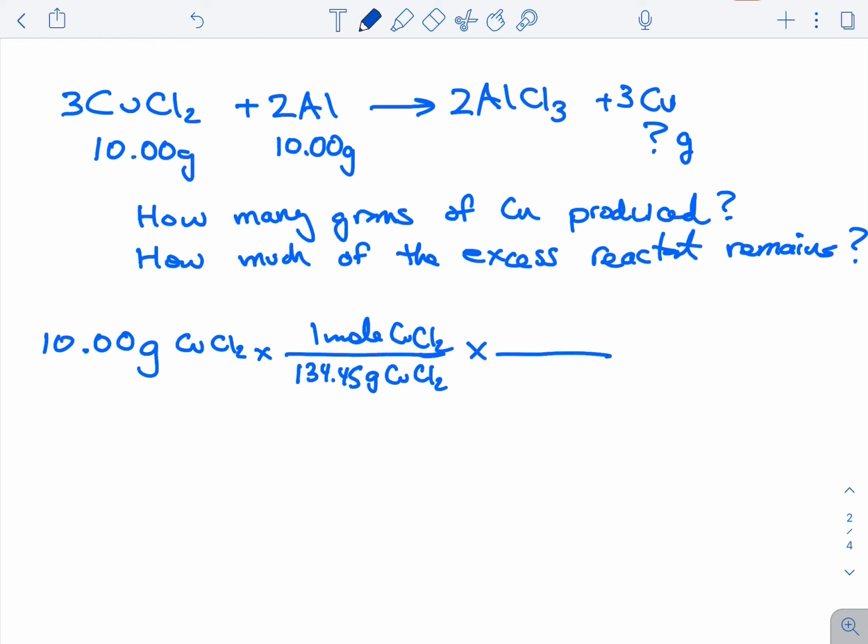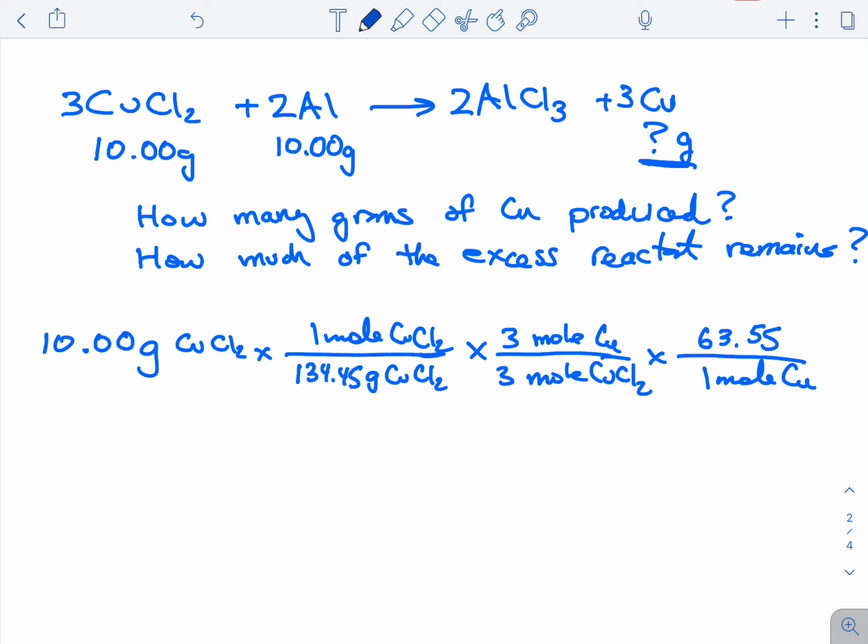So now we're going to go from moles of copper chloride to, we're trying to get to copper, so we're going to go to moles of copper. And notice that that's a 3-to-3 ratio. You can call it 1-to-1 if you want. I like to stick with the numbers that are in the reaction. It just keeps me straight. And then 1 mole of copper is 63.55 grams of copper.